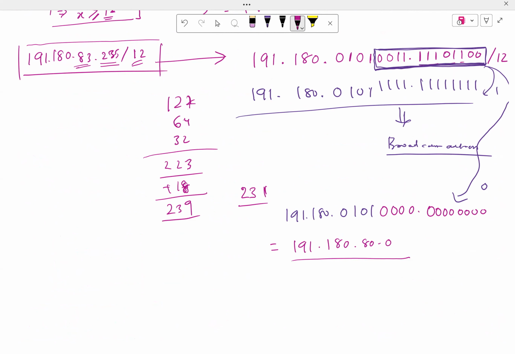So you have to take 12 from this side and convert it to... maybe let me check actually.